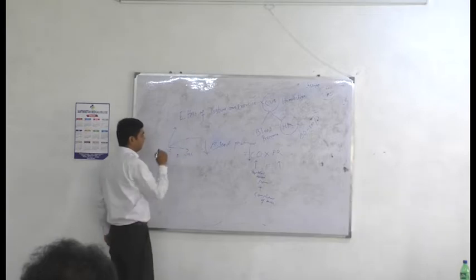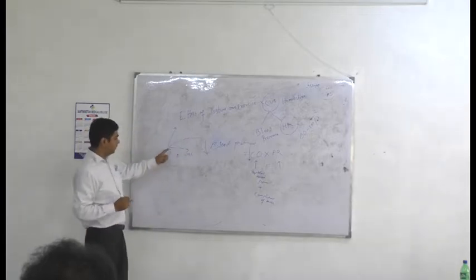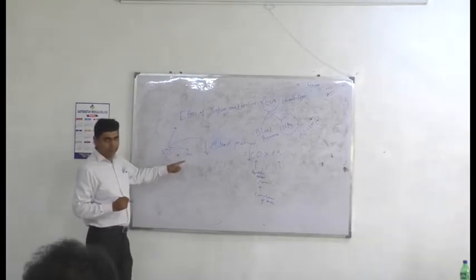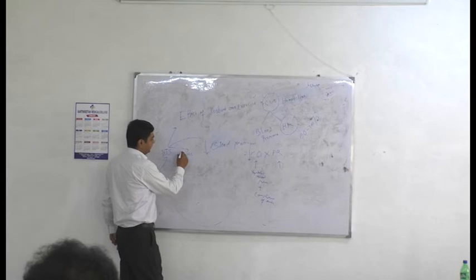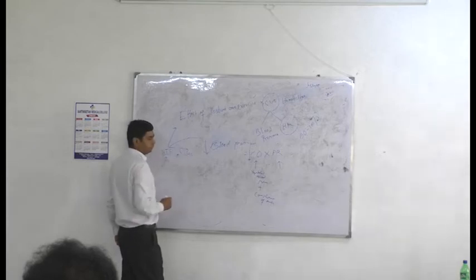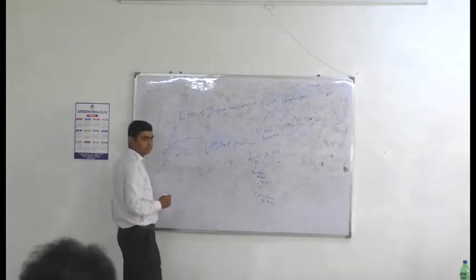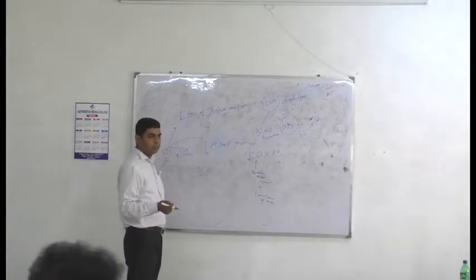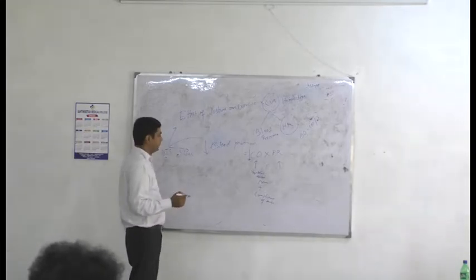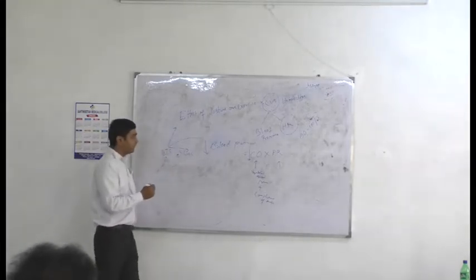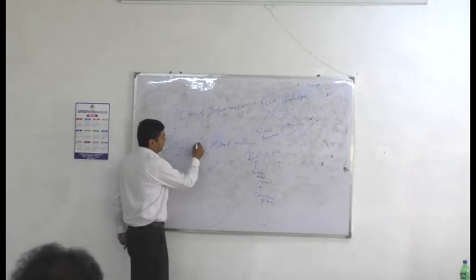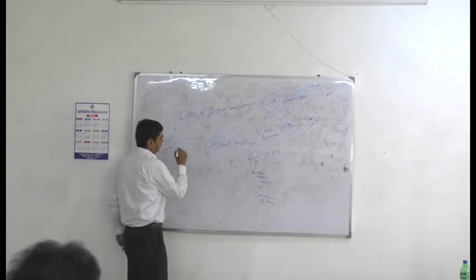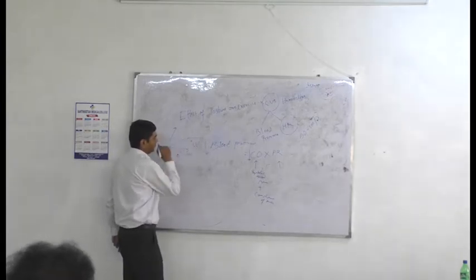There are some fibers. First is the vasomotor center, which is the inhibitory one. Next is the cardio-inhibitory center, which is the excitatory one.